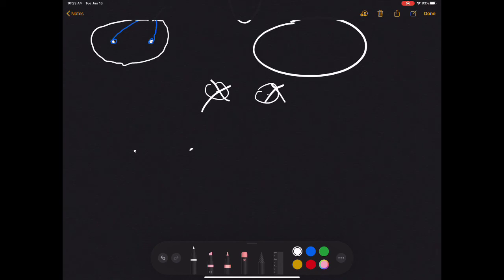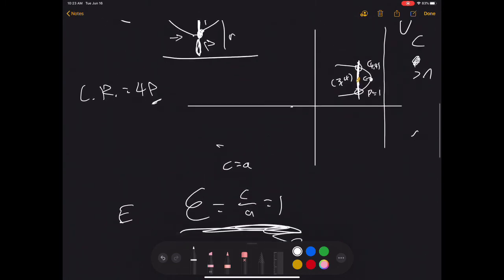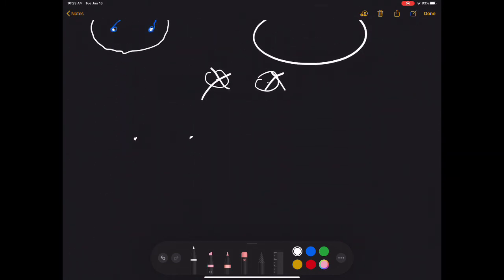If you have 2 points, these are called the foci. Just like in a parabola, there's a focus, but instead of 2 points, there's also a line.